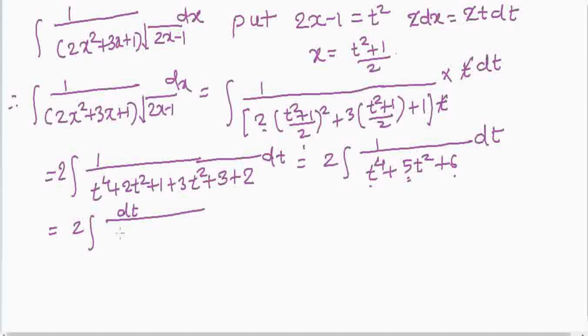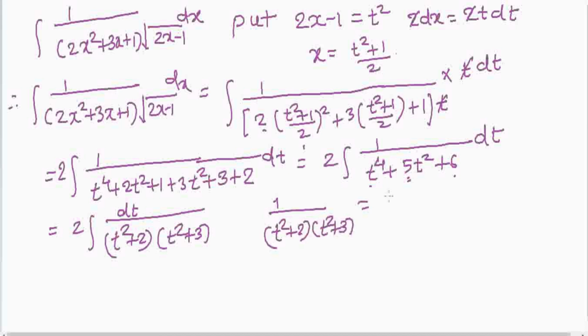dt divided by t square plus 2 into t square plus 3. These are the factorization. Then this 1 divided by t square plus 2 into t square plus 3 is equal to, we take at plus b divided by t square plus 2 and plus ct plus d divided by t square plus 3.